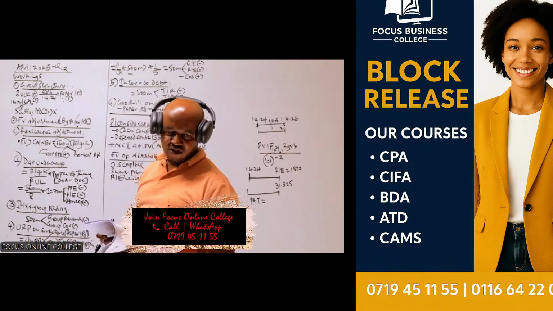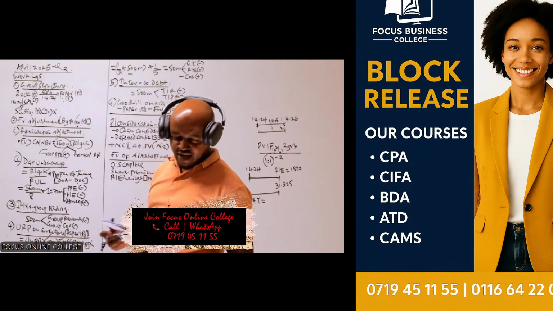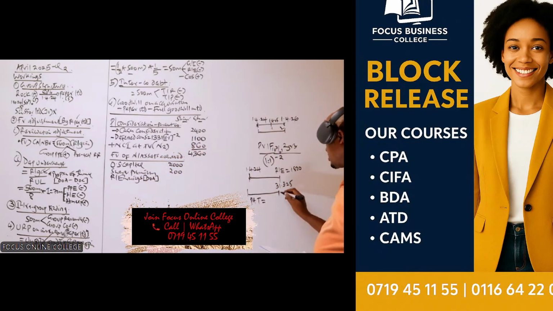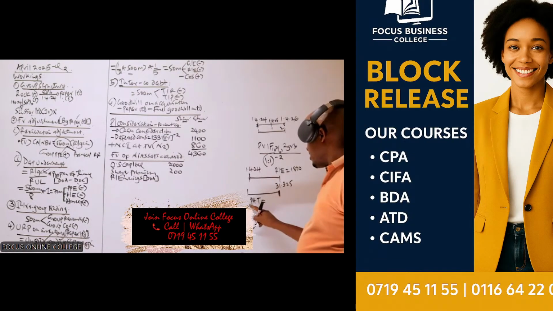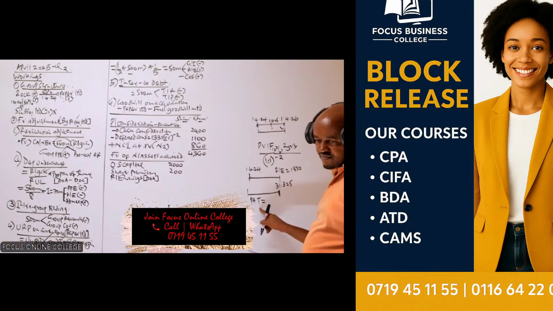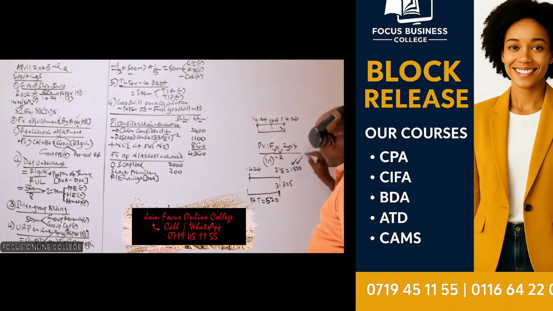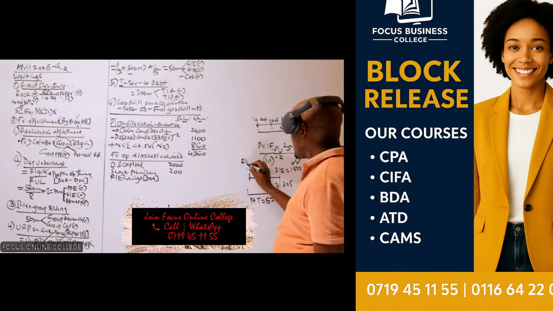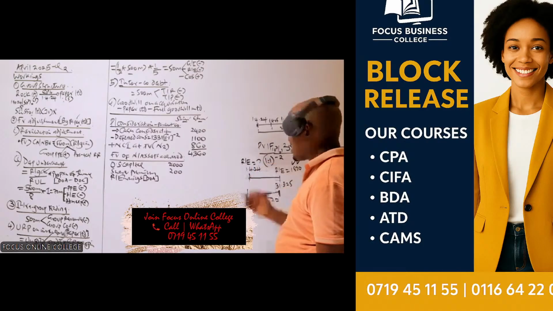Tell me how much was its profit after tax for the current year. Can you see that amount? It is 520. So how do we arrive at the retained earnings at the end? To arrive at this, we take the retained earnings at the start, which we don't have.